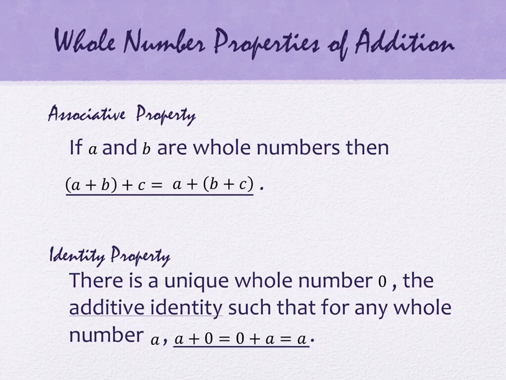And as you know, parentheses tell us where we start in a problem, right? So we start with the addition of A plus B on the left, but we would start with the addition of B plus C on the right. So it isn't so much about switching things around as it is about choosing what we're going to add together first. And sometimes it is nicer to add certain pieces together first.